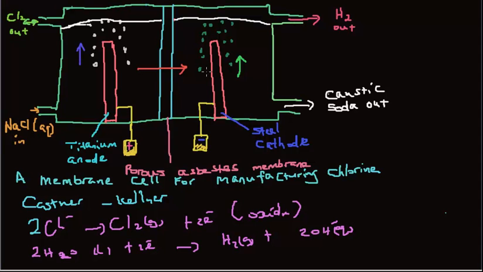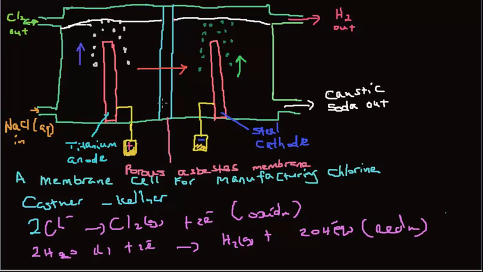And as a result, we have these hydroxyl ions which are being produced here from our reduction reaction of our water. They are going to react with the sodium ions, and then they will form sodium hydroxide. So this one is the caustic soda, which is moving out there, right?